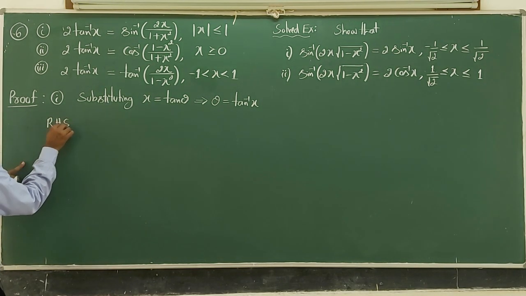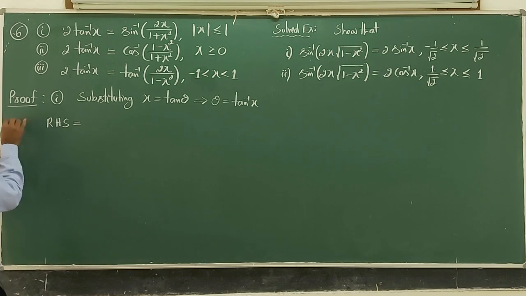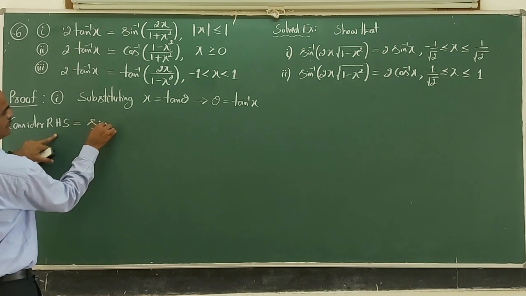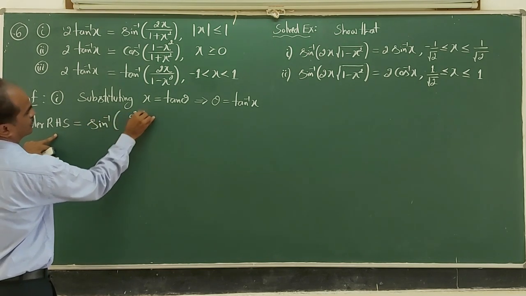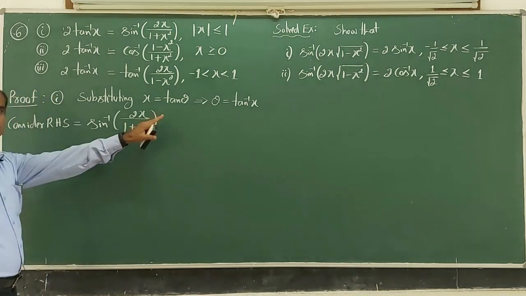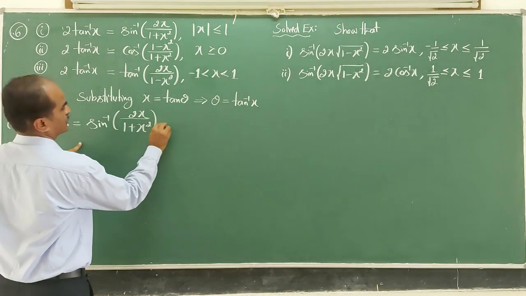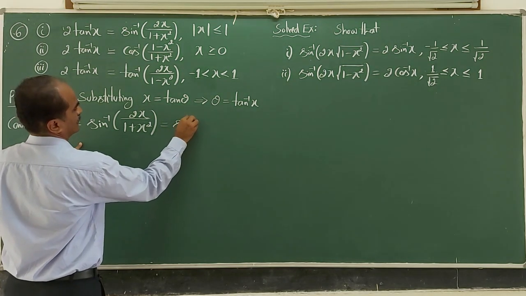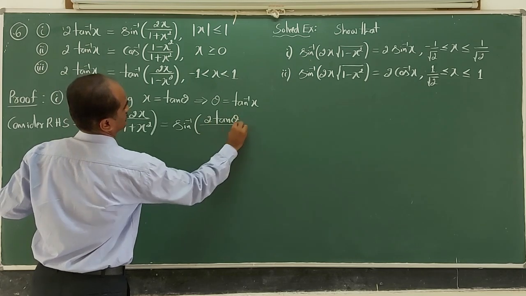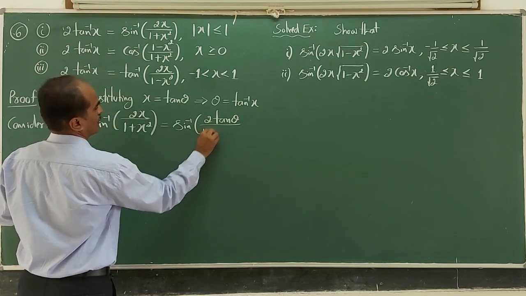Now what happens to the RHS? Consider RHS, it is sine inverse of 2x by (1 plus x square). What x were taken? Tan theta. Substitute here. It is sine inverse of 2 tan theta by (1 plus tan square theta).